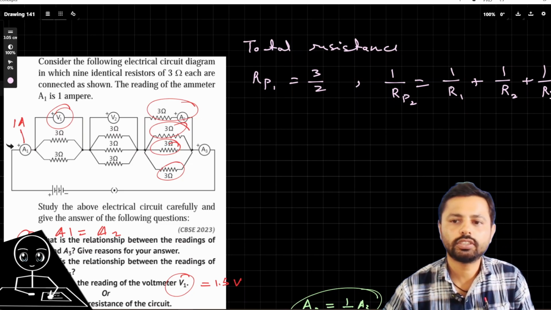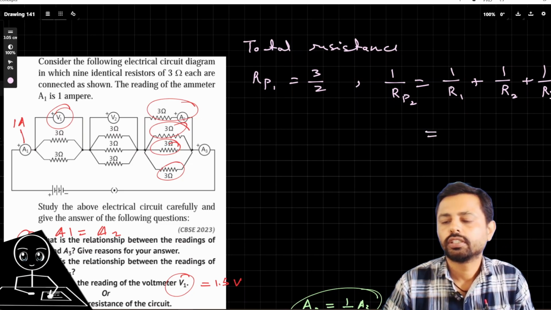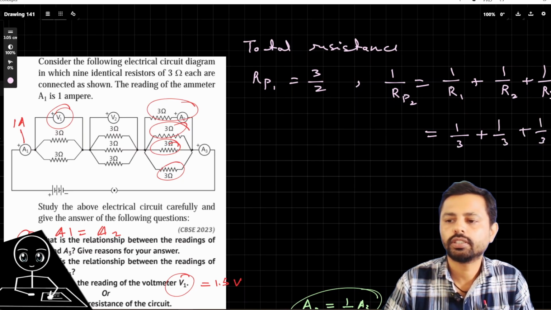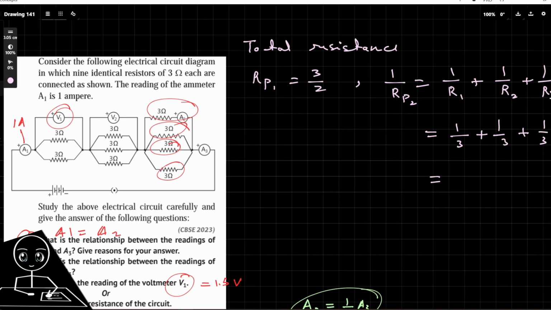Since these are all 3, we can write 1 by 3 plus 1 by 3 plus 1 by 3, that's equal to 3 by 3, that's equal to 1. So RP2 will be 1.